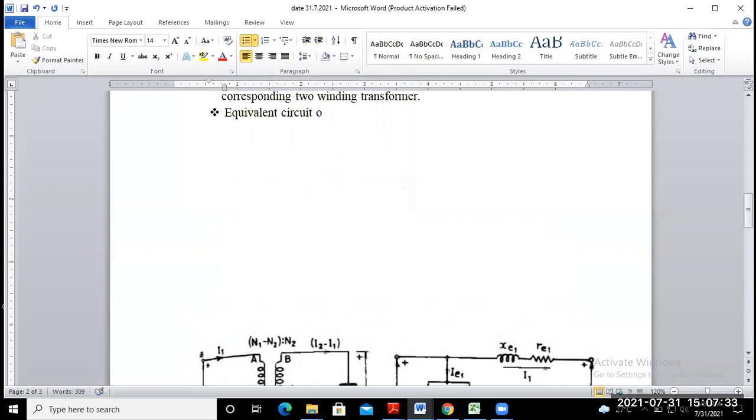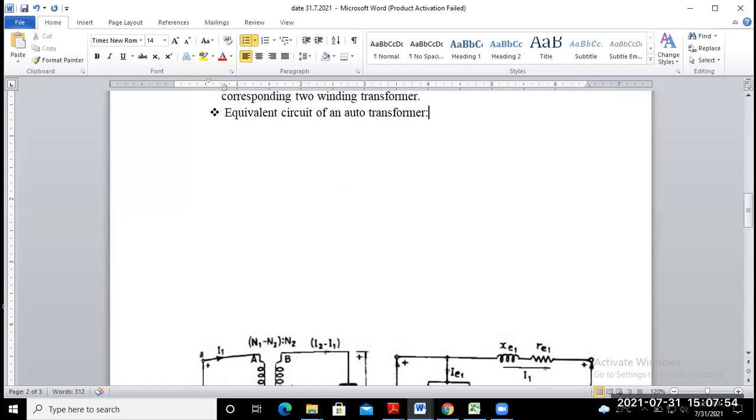We already explained the ordinary two winding transformer, its phasor diagram and equivalent circuit.